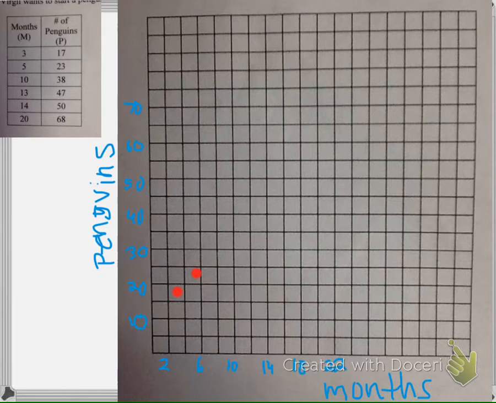And then 10, 38, and 13, 47, 14, 50. That one needs to be over a little bit. And 20, 68. Okay, now I put in my line. I know my dots aren't perfectly in a row, but it's because I had to guess on some of my points.